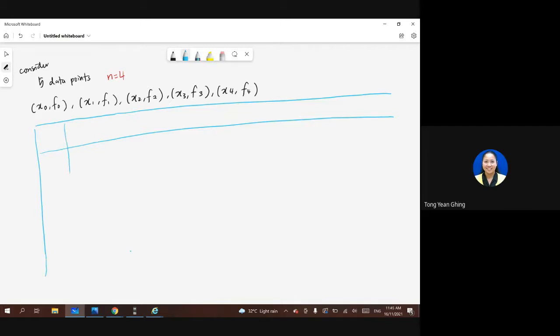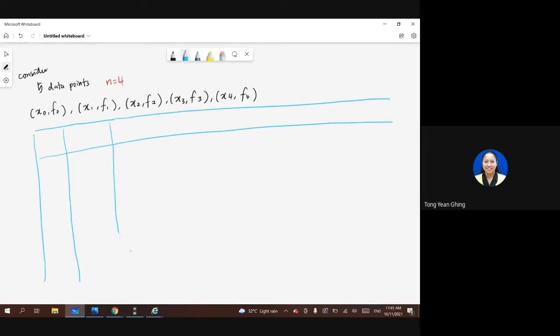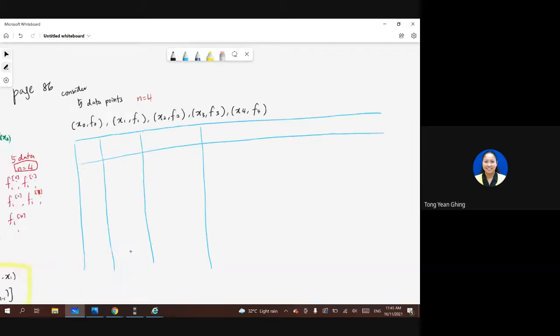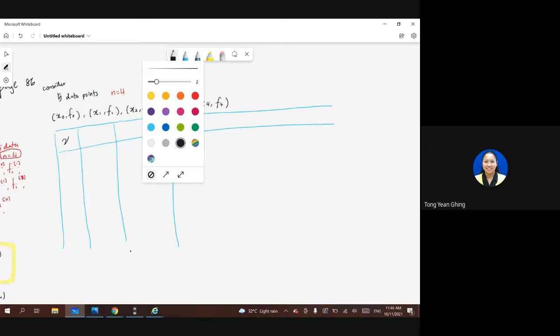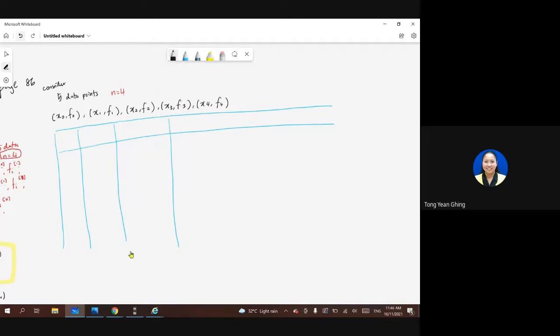And then we put the value of i, the value of x, the value of y. Later I will continue, there will be more. Here it should be x, this should be i, x_i. So this is f_i at 0 divided difference.